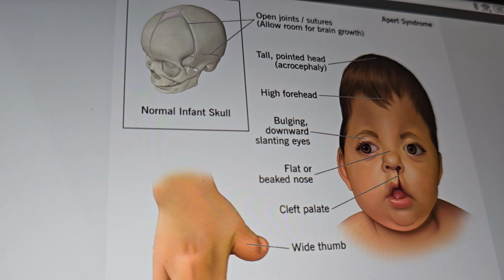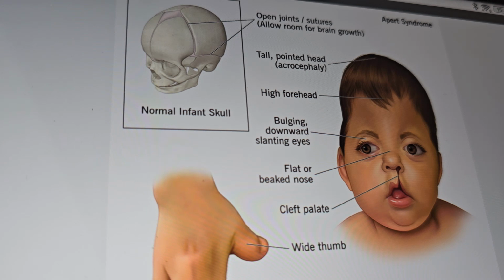Because of this, you can appreciate in this picture every detail is there. You can see the wide thumb, cleft palate, a flat or beaked nose, bulging or downward slanting eyes, hypertelorism, a high forehead and a tall pointed head, which is also called acrocephaly.